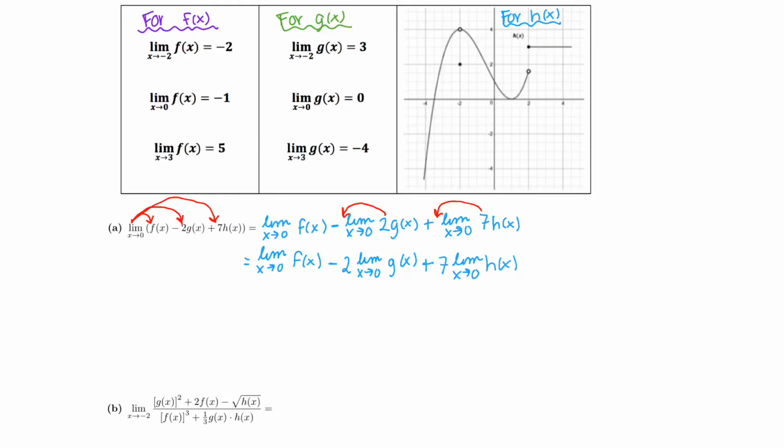And now we can figure out each of these.